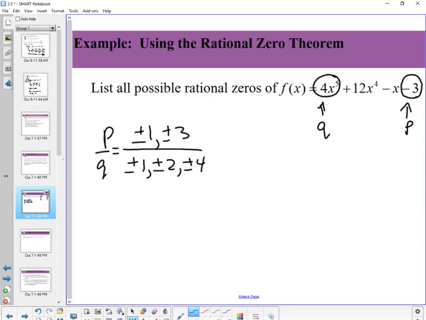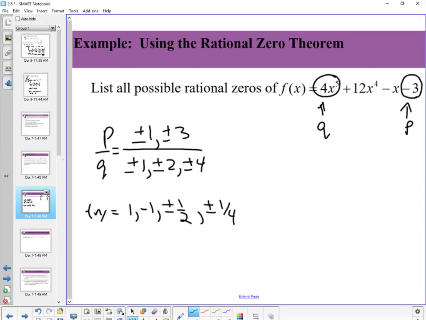In order to find some possible zeros, you want to find every possible combination of these. So I can try positive 1 over 1, which is 1. Or I can have a negative 1. I can choose plus or minus 1/2. I can choose plus or minus 1/4.